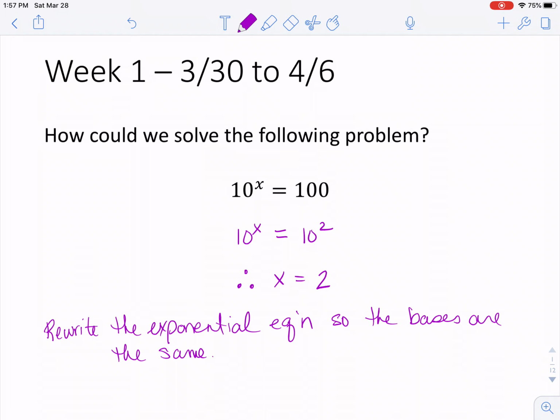Example, 10 to the x is equal to 1 over 100 implies that 10 to the x is equal to 10 to the negative 2. Therefore, x is equal to negative 2. So that's review.